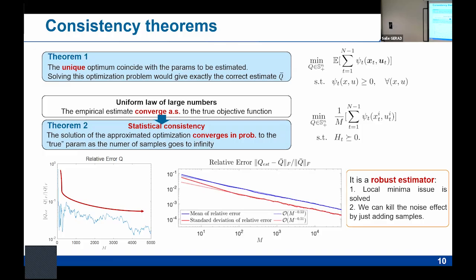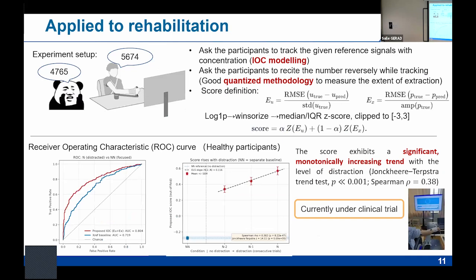It is a robust estimator because the local minima issue is solved. We're solving a convex optimization, and we can kill the noise effect by just adding samples.